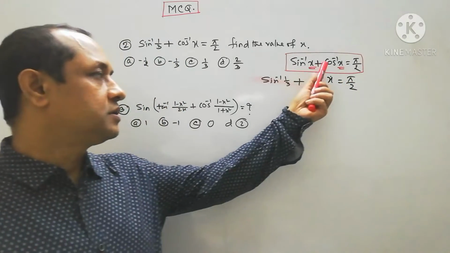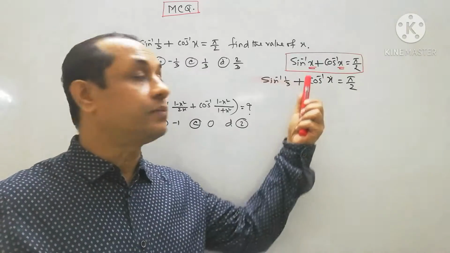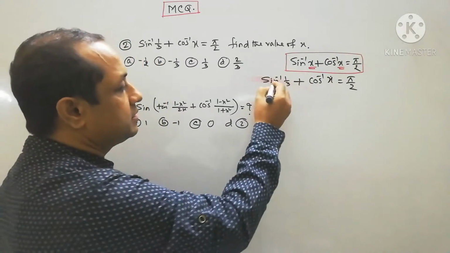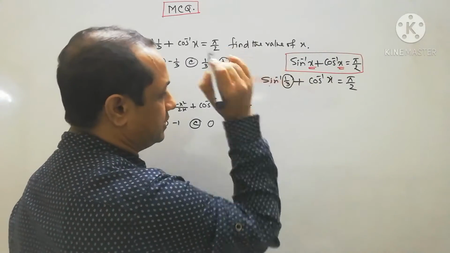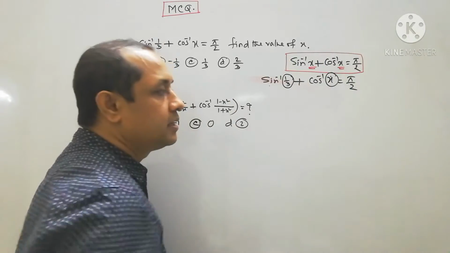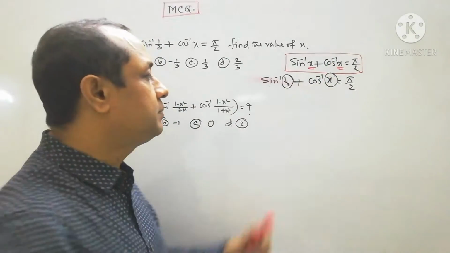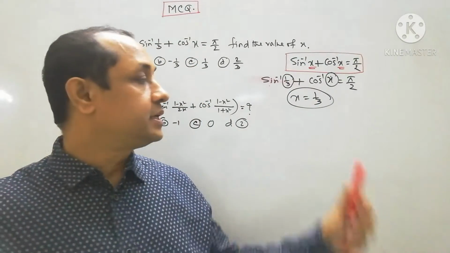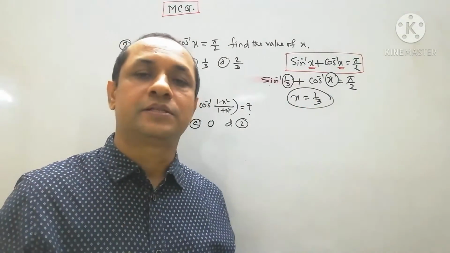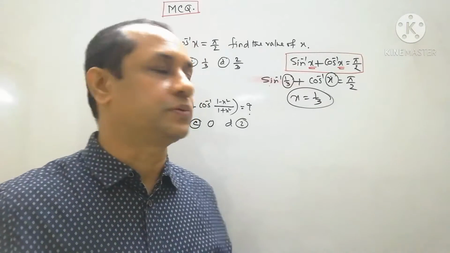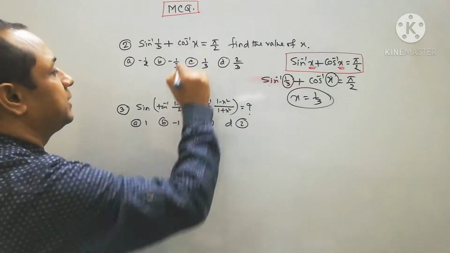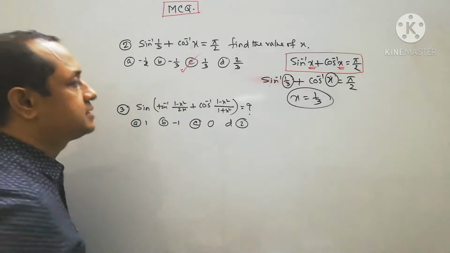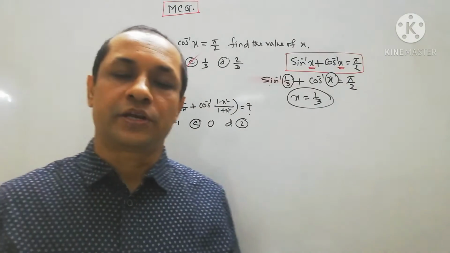Comparing the two equations, sin inverse 1/3 and this angle are equal. So we have x equals 1/3. Students, the answer will be 1/3. It is a very shortcut method.